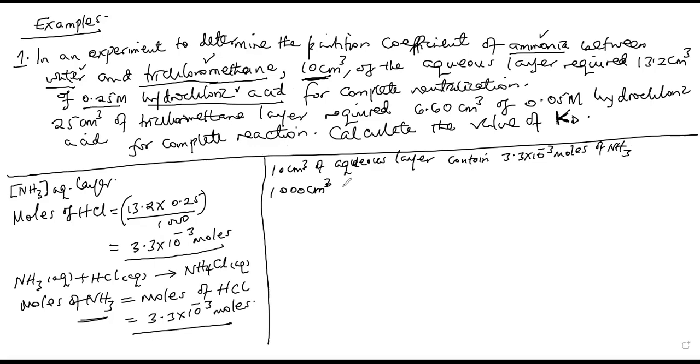So the aqueous layer contains 3.3 times 10 to the power negative 3 times 1,000 out of 10, which will give us 0.33 molar.